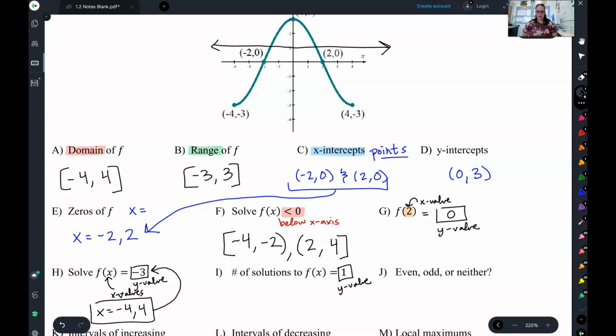So there's my constant line, and it's really asking how many intersections are there. Well, it intersects the graph right there, and it intersects the graph right there. So there are 2 places where it crosses that y equals 1 line. So there's 2 solutions.